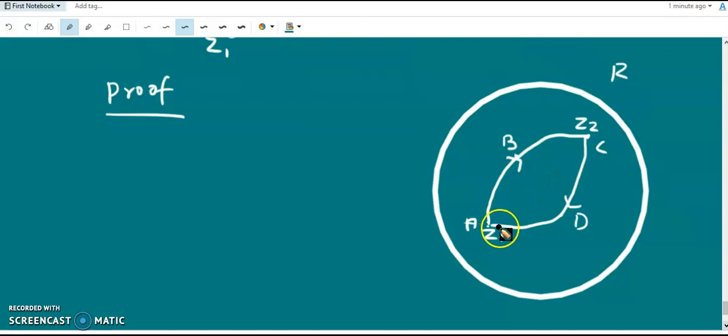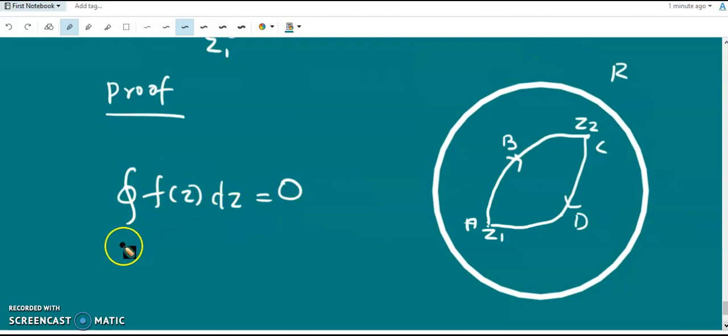Now, according to Cauchy's integral theorem, the closed integral of f of z dz equals 0 over any simple closed curve. So this is 0 for the closed curve A, B, C, D, A also.